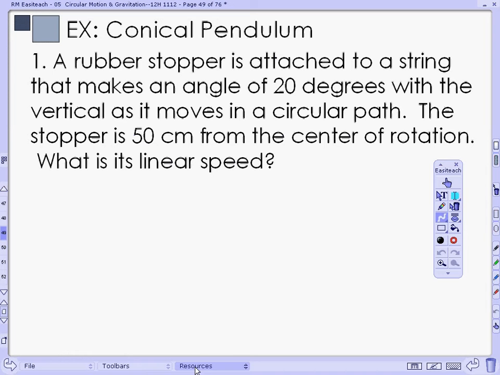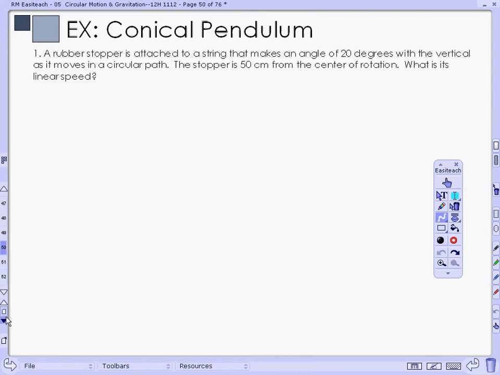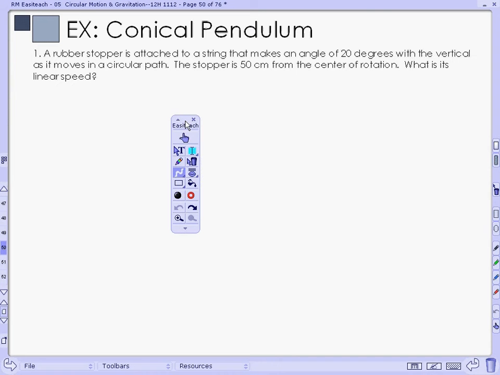And the question is about a conical pendulum. I'll do a quick, very rough sketch of what this looks like visually in real space. You imagine the rubber stopper at the end of a string right here, sweeping out this circular arc.